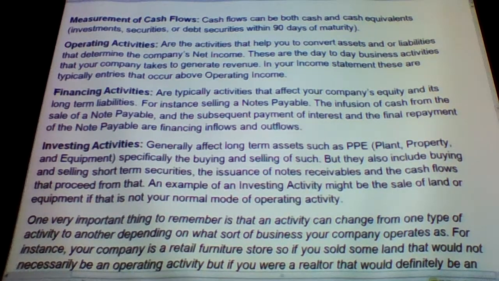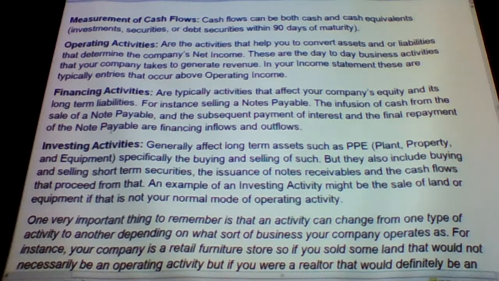Financing activities are typically activities that affect your company's equity and its long-term liabilities. For instance, selling a note payable, the infusion of cash from the sale of a note payable, and the subsequent payment of interest and the final repayment of the note payable are financing inflows and outflows.